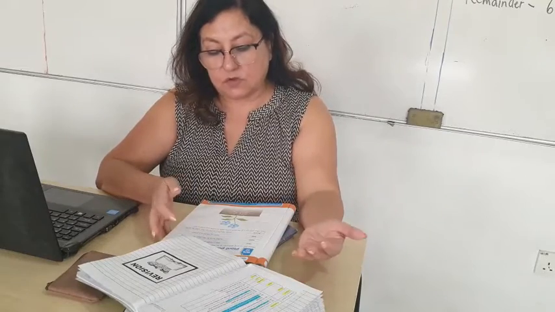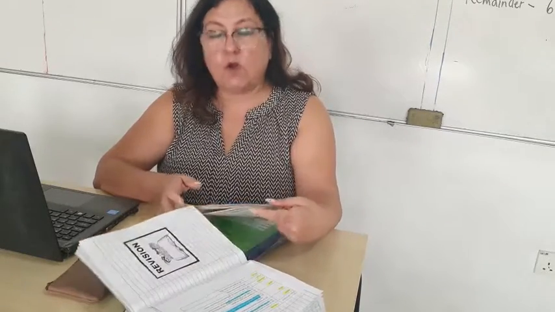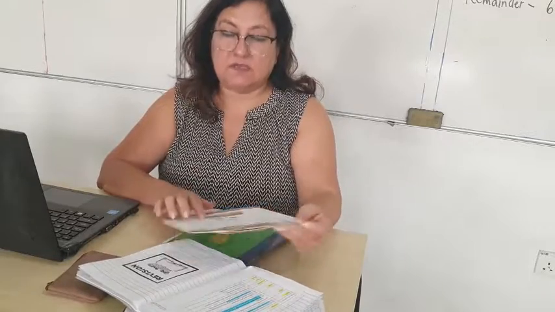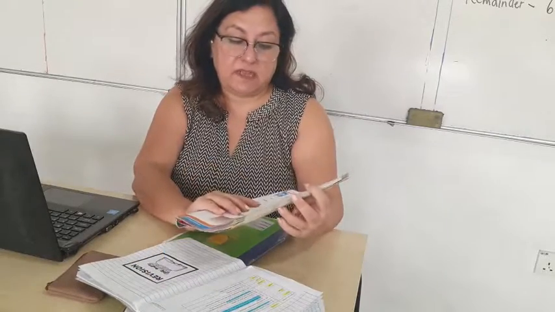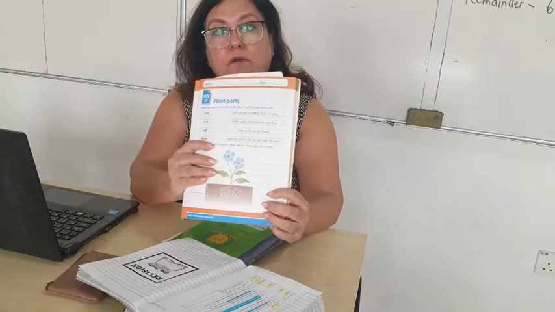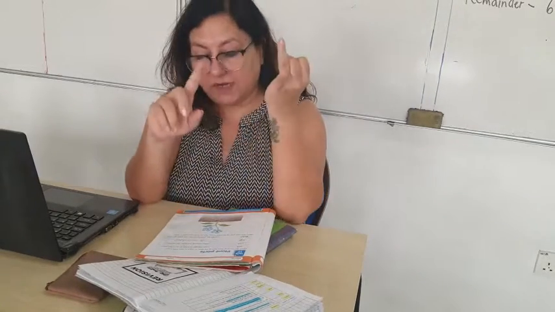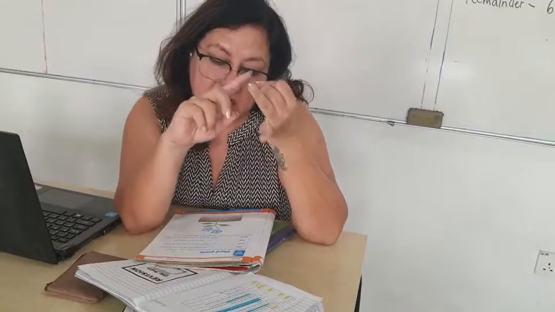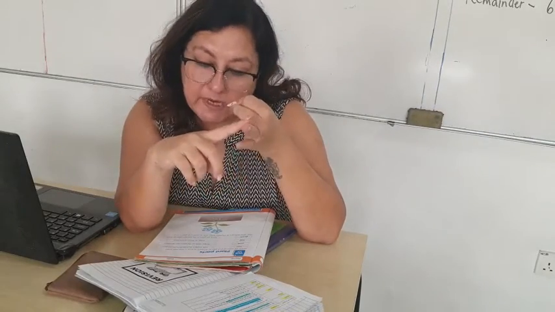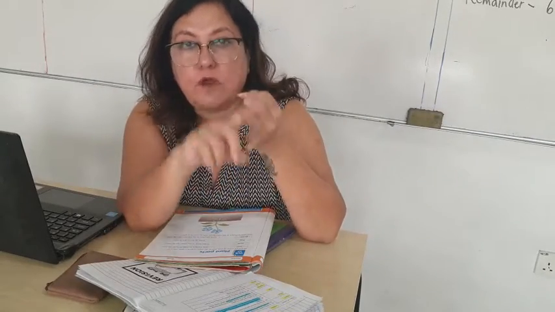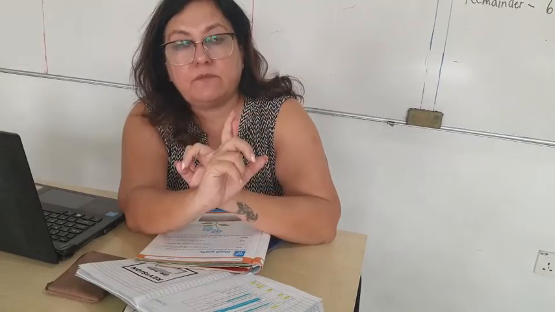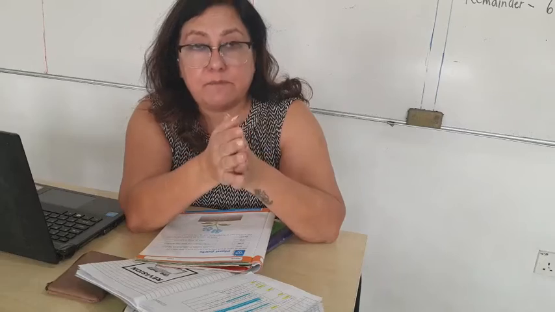Or you can also write holds up leaves and flowers, which is the function given in the workbook. So for the stem, I've given you two options. Keep it simple and make it short because you need to remember it.